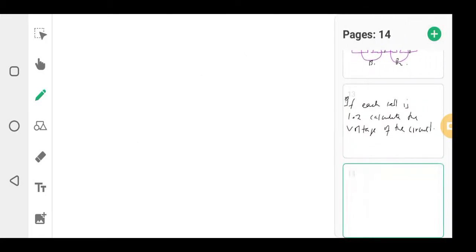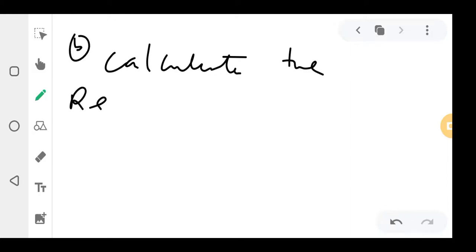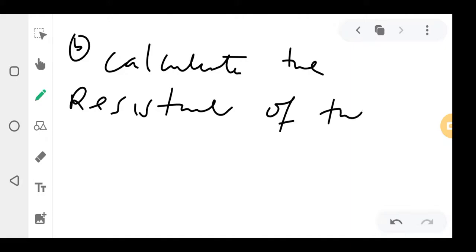Question B, calculate the resistance of the two bulbs. I didn't say one bulb, I said two bulbs.